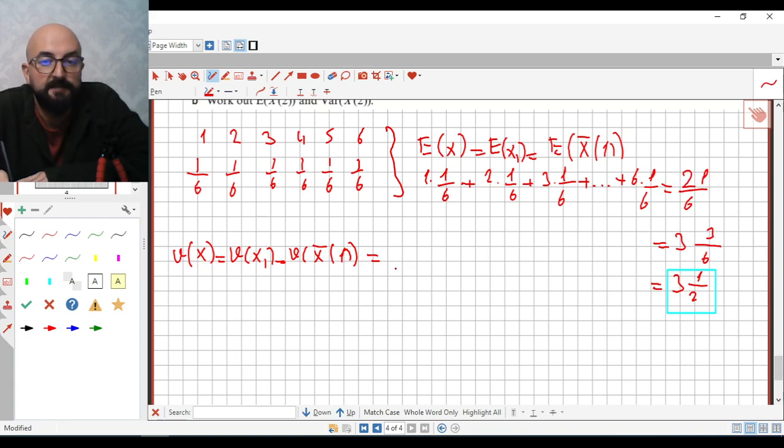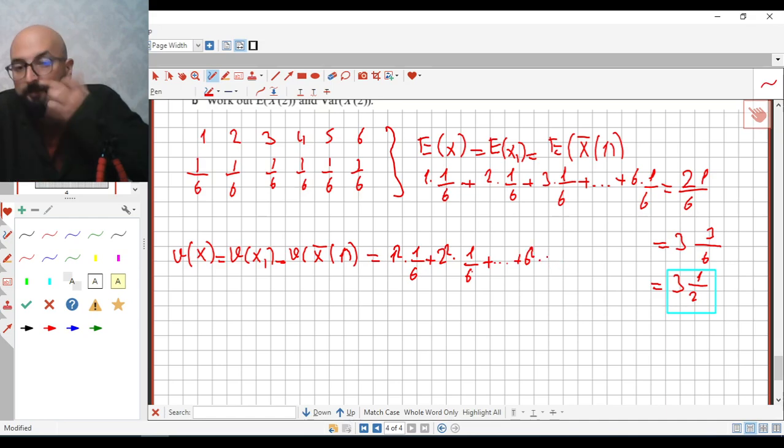It means 1 square multiplied by the probability of 1, plus 2 square multiplied by the probability of 2, and so on until 6 square multiplied by the probability of 6, minus the expectation square.